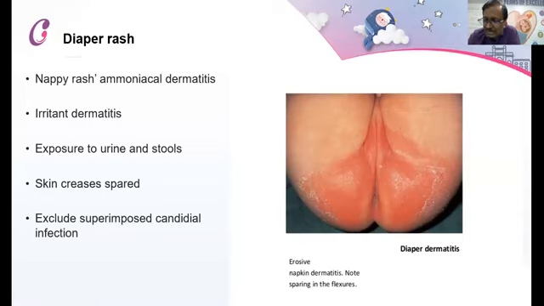You can see the rest of the part is erythematous. Diaper dermatitis is a very umbrella term. Ideally, we should be using the words contact irritant dermatitis or chemical dermatitis. Better to avoid the term diaper dermatitis. It is mainly when the urine and stool come into contact with the skin that, because of the ammonia, it gets irritated.